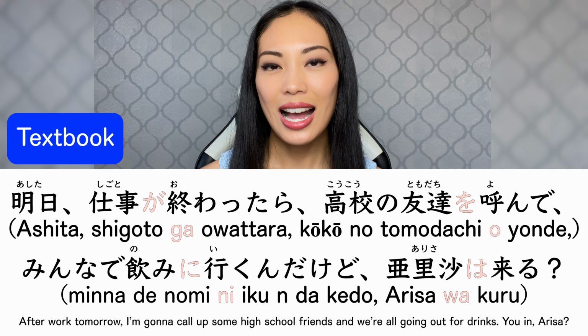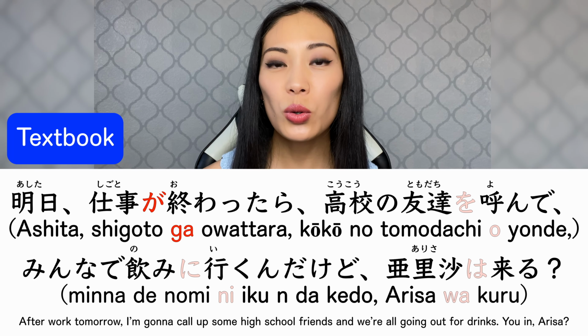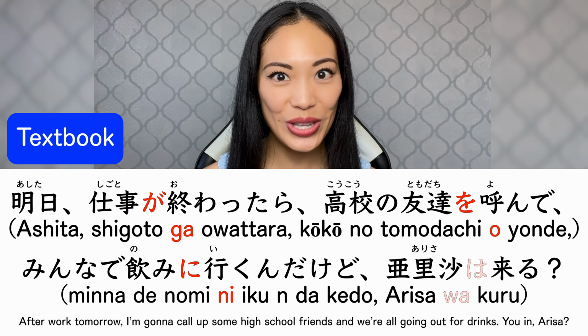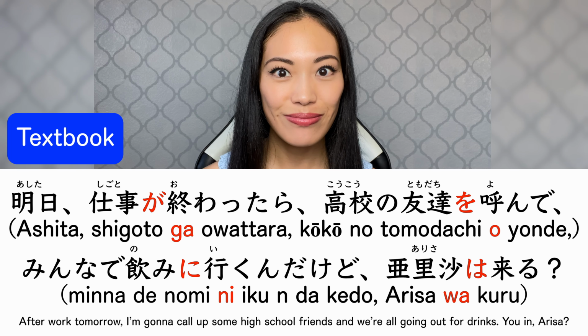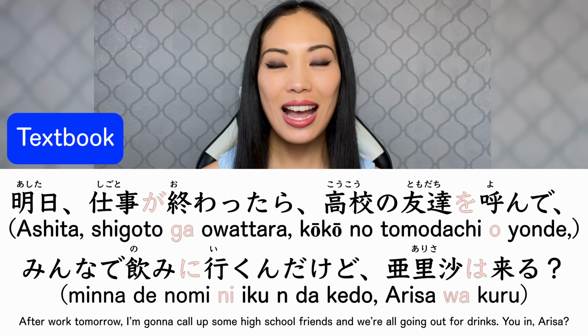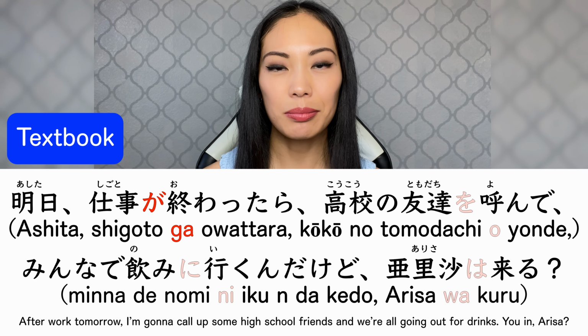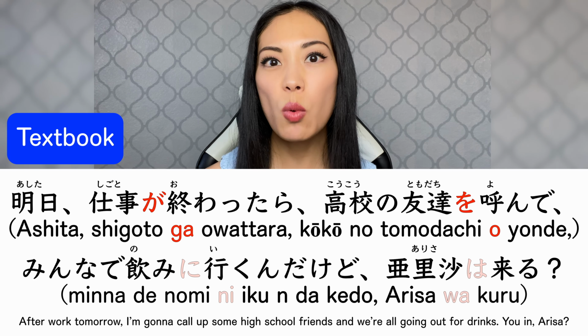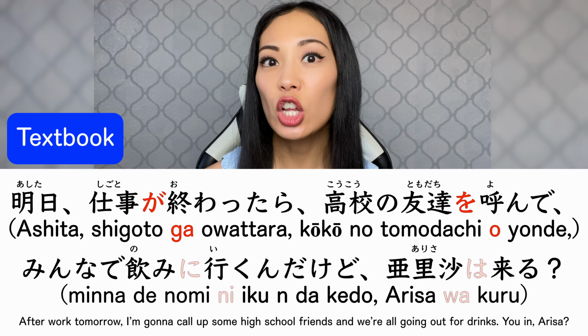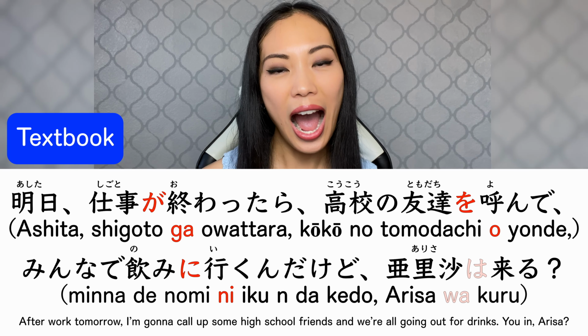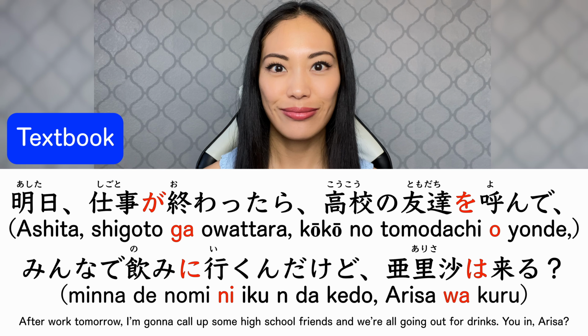It sounds exactly how a native speaker might talk. Now let's listen to how this sentence would appear in a textbook. 明日仕事が終わったら高校の友達を呼んでみんなで飲みに行くんだけど、アリサは来る？ It sounds scripted and kind of unnatural to me.